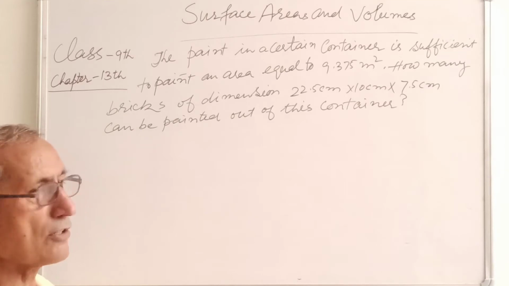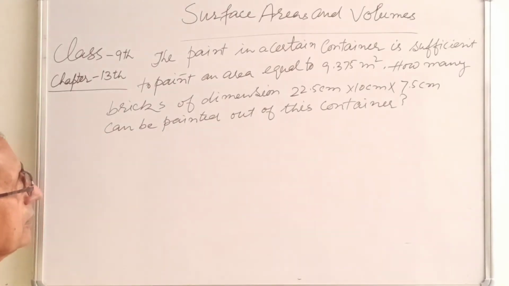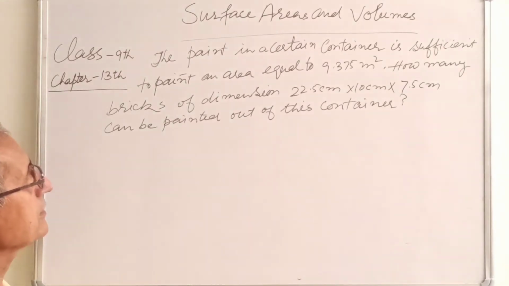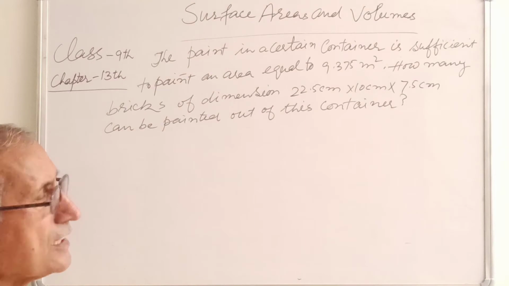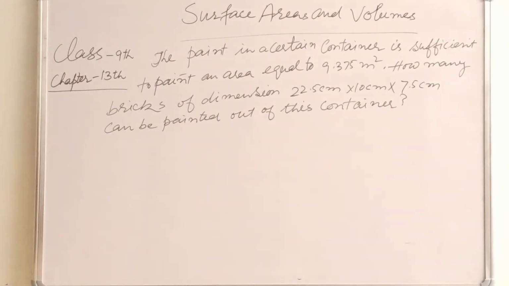So the dimension of one brick has been given and the total area which can be painted out of the paint contained in a container is given. So you have to find out the number of bricks.